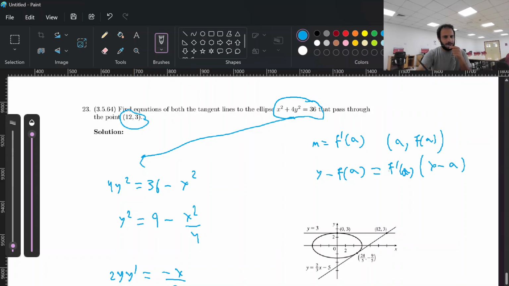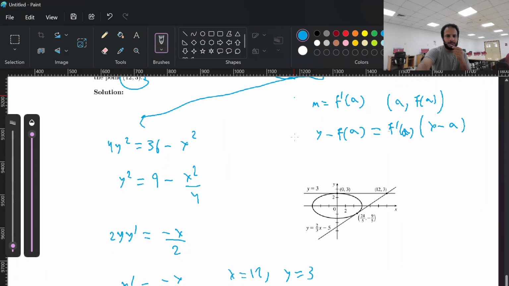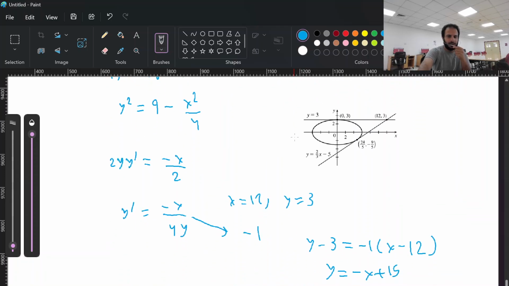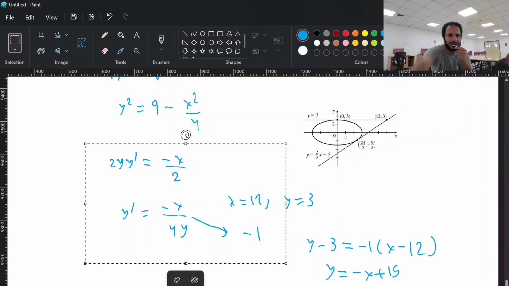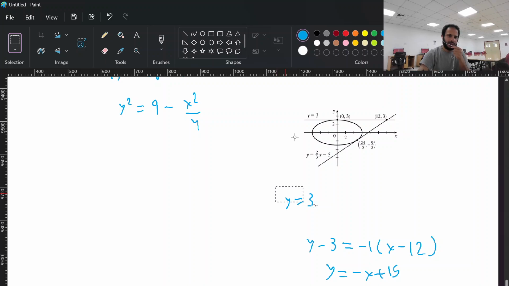But you and I solved it as if this point lies on the curve and we are finding the tangent at it, right? Yes. So let's solve it again. We need the slope, right? So we need the value minus 1. No, we don't need it because this point doesn't even lie on this curve. So let's remove this solution.